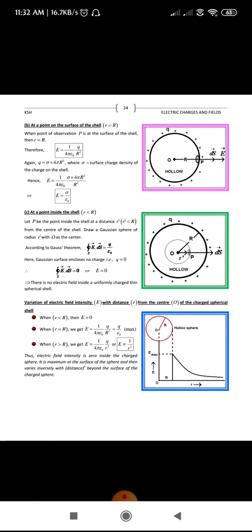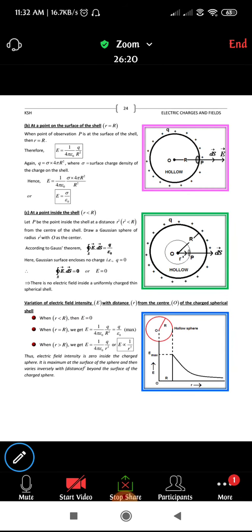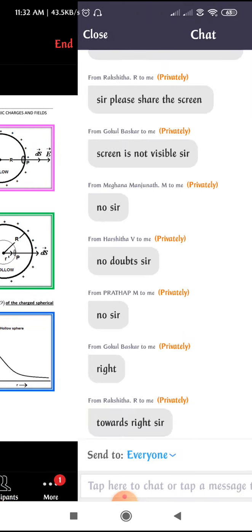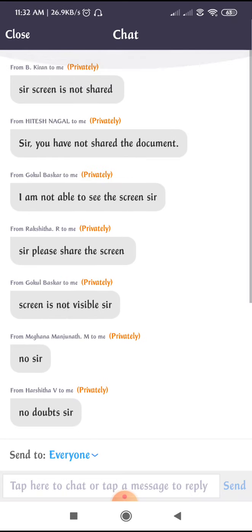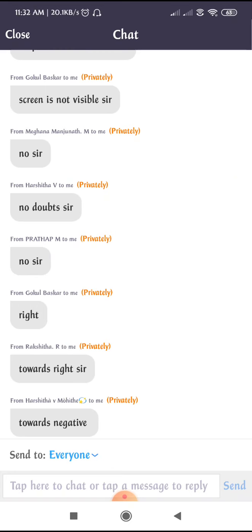Rakshita, towards the right, okay, fine. I did get the answer from these people. Harshita, towards negative.